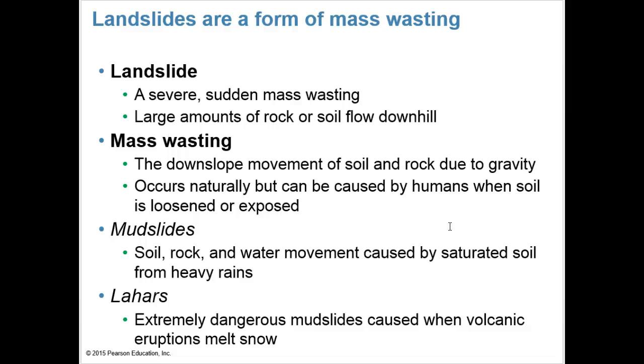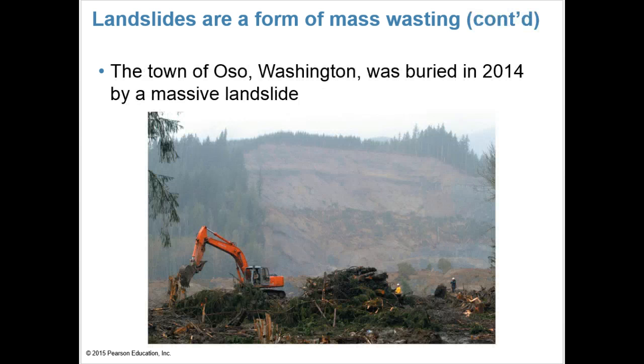Mudslides are when soil, rock, and water movement are caused by saturated soil from heavy rains. And lahars are extremely dangerous mudslides caused when volcanic eruptions melt snow. In fact, the town of Oso, Washington, was buried in 2014 by a massive landslide.